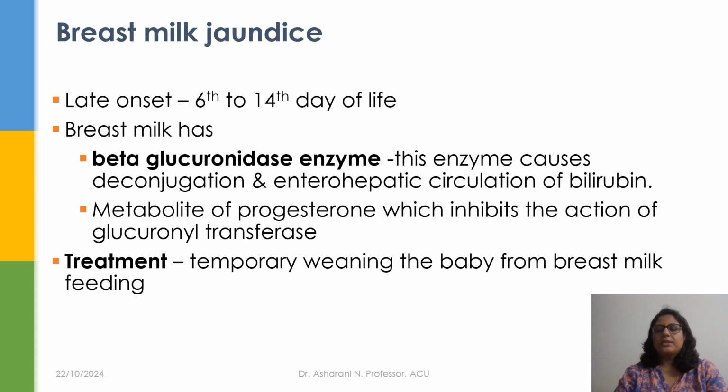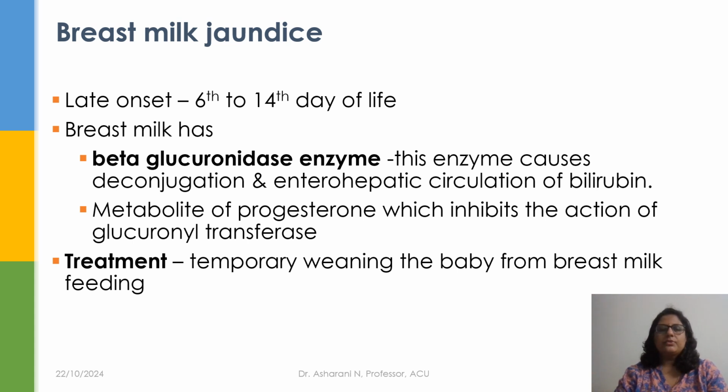Apart from physiological jaundice, there are other varieties of jaundice seen in infants, that is breast milk jaundice. This is a late onset jaundice, seen somewhere from the 6th to 14th day, that is after the first week or two of life. Breast milk has the beta glucuronidase enzyme, which causes deconjugation and enterohepatic circulation of bilirubin, and also a metabolite of progesterone, which inhibits the action of glucuronyl transferase.